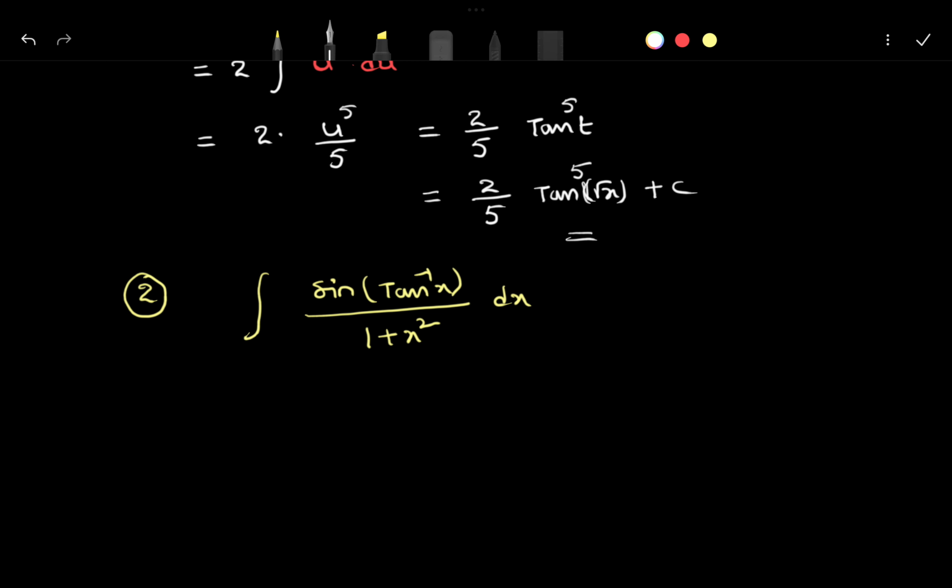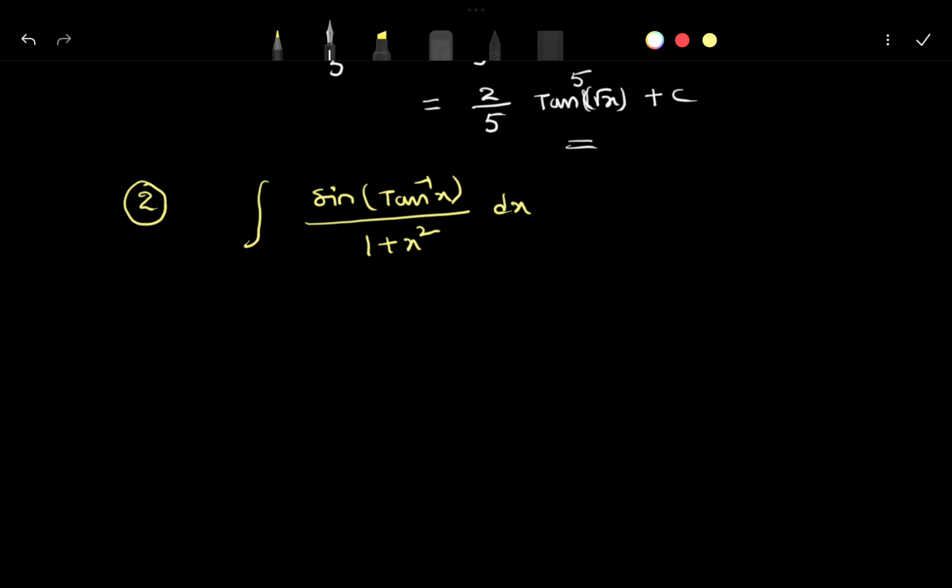See, by observing this question, tan inverse x equals t. Why? Because the derivative of tan inverse x is 1 by 1 plus x square. So here you take the substitution tan inverse of x equals t. What is the derivative? Differentiate with respect to x on both sides.